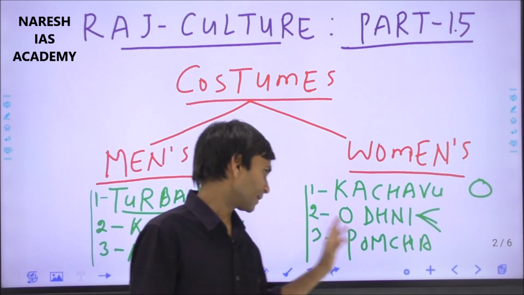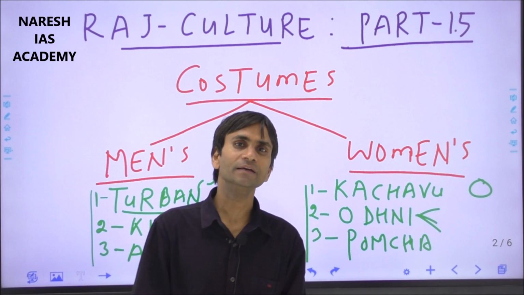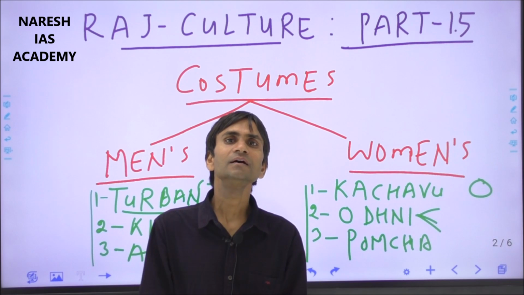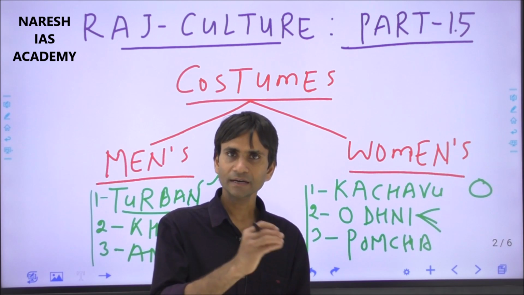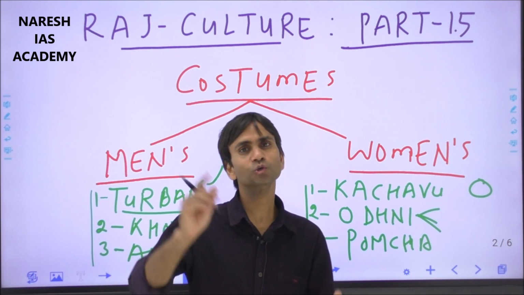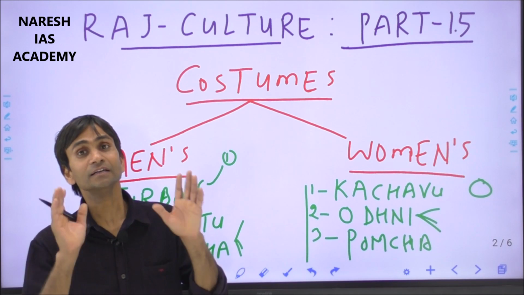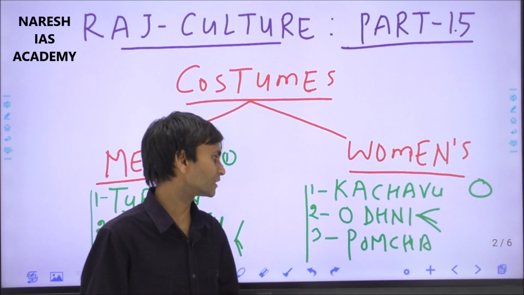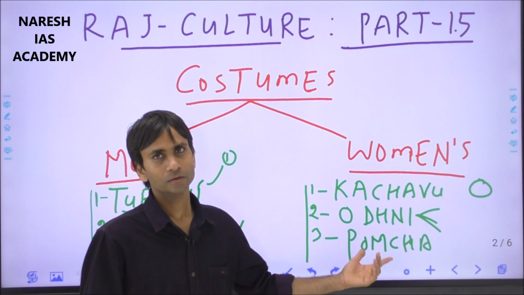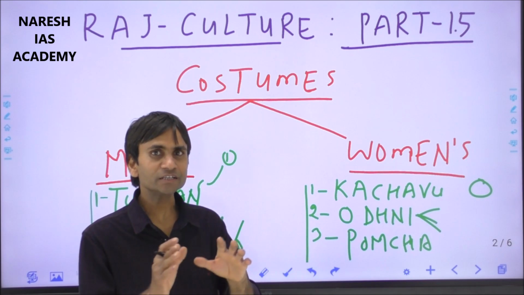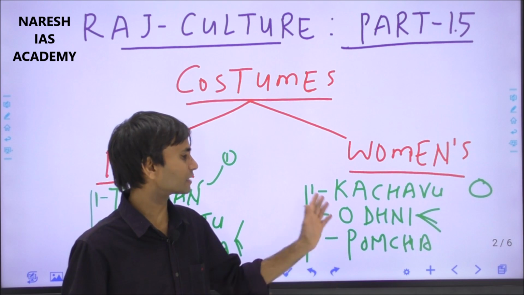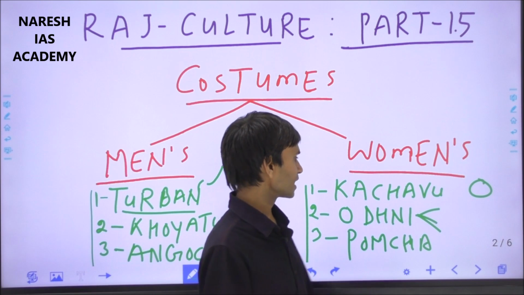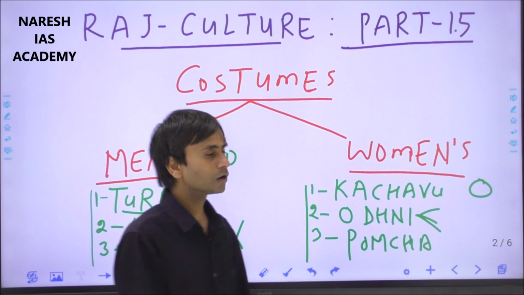In Rajasthan, the pomcha is mainly sent by the mother of a woman who has given birth to a child. So at the time of birth of a child, the mother of this woman sends a pomcha. Pomcha is a great tradition throughout Rajasthan, not only among tribes but also non-tribal people.